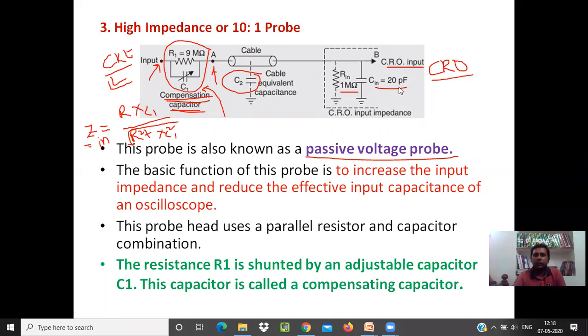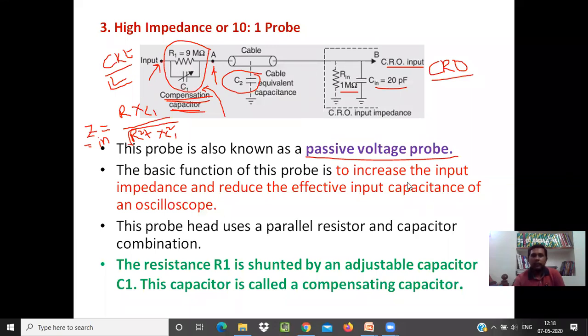The capacitance should stay at 20 picofarads, so it should not change because of connecting the probe with your CRO. To maintain this 20 picofarads as it is, we are using C1.